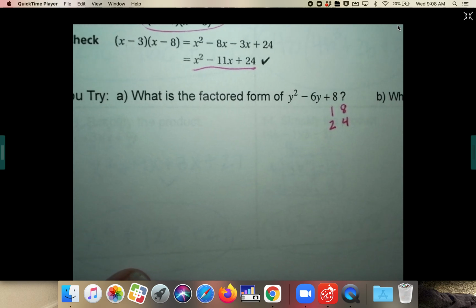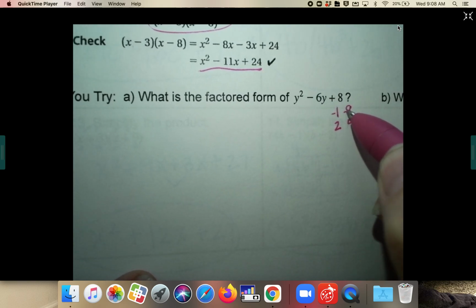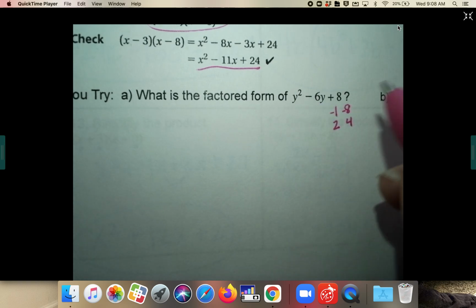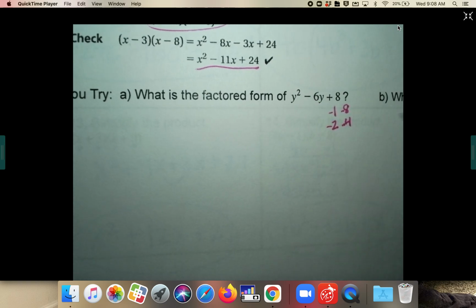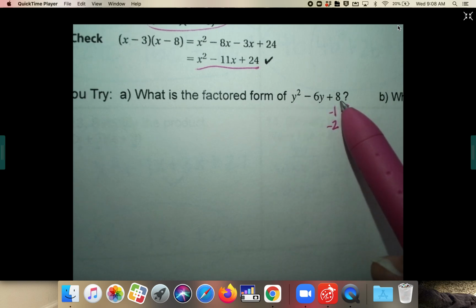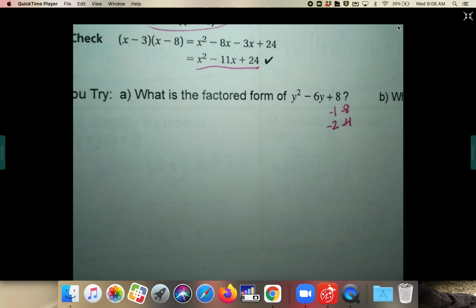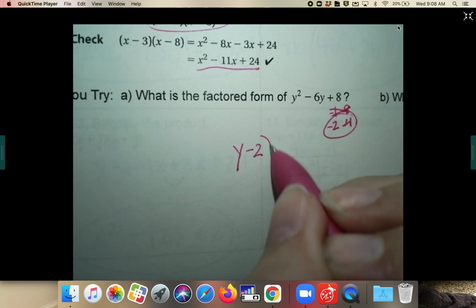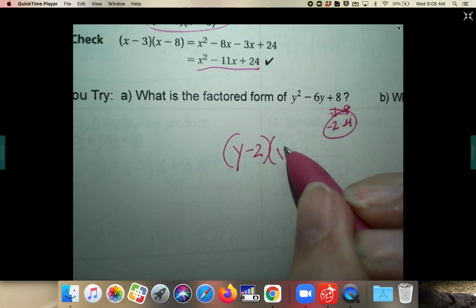That's it. And remember, they're both going to be negatives in this case. So which of these adds to be negative 6 and multiplies to be positive 8? I hope you know that it's this one. So it would be y minus 2 times y minus 4.